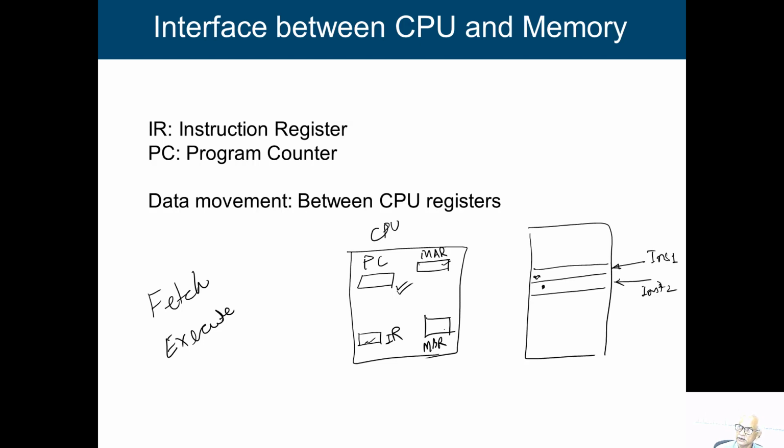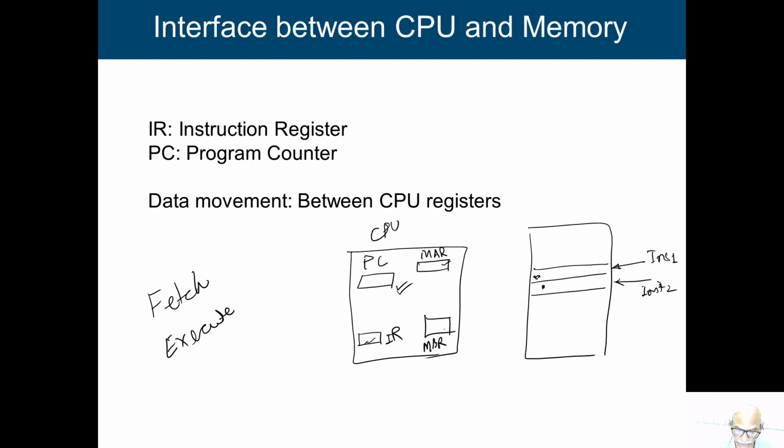It contains the address of the memory location from where we are going to fetch the next instruction after completion of the current instruction. So, this is the way we can visualize it. These are two special registers. The instruction register generally keeps the instruction that we are currently executing, and the program counter keeps the address of the memory location from where we have to fetch the next instruction after completion of the current one.